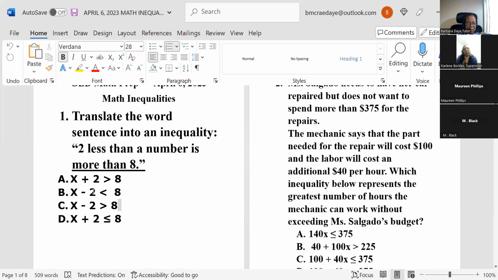That's what this is right here. 2 subtracted from the number x. Both of these, B and C, are 2 less than the number x. But it said is, so on the right side, you get something more than 8. So it has to be the more than inequality. You understand? Oh, I'm a bit confused. Okay, let's break it up. Which one of these A, B, C, or D is 2 less than a number?